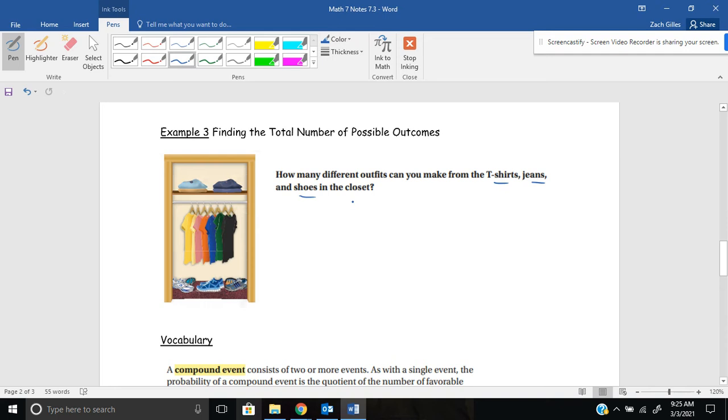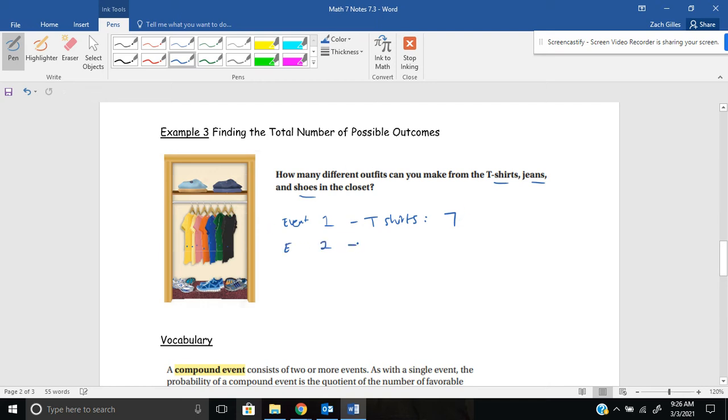Okay, so now we have 3 events. So let's say event 1 is t-shirts. How many t-shirts do I have to choose from? 1, 2, 3, 4, 5, 6, 7. 7 different t-shirts to choose from.